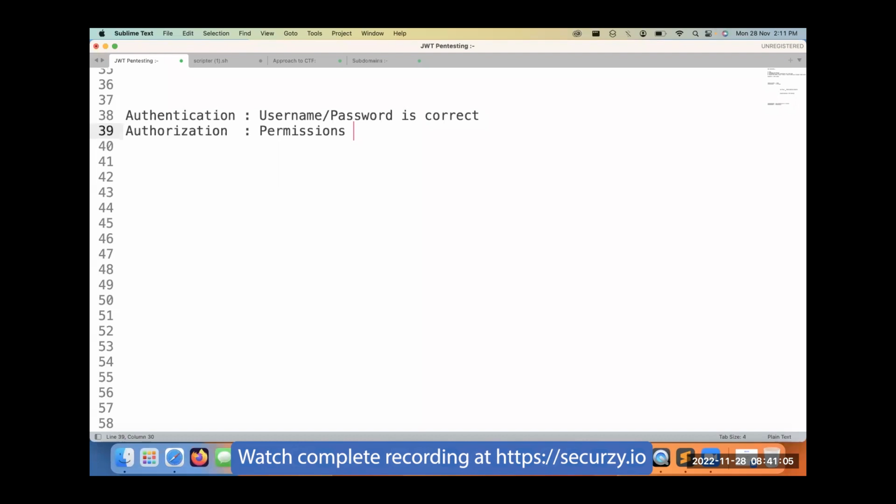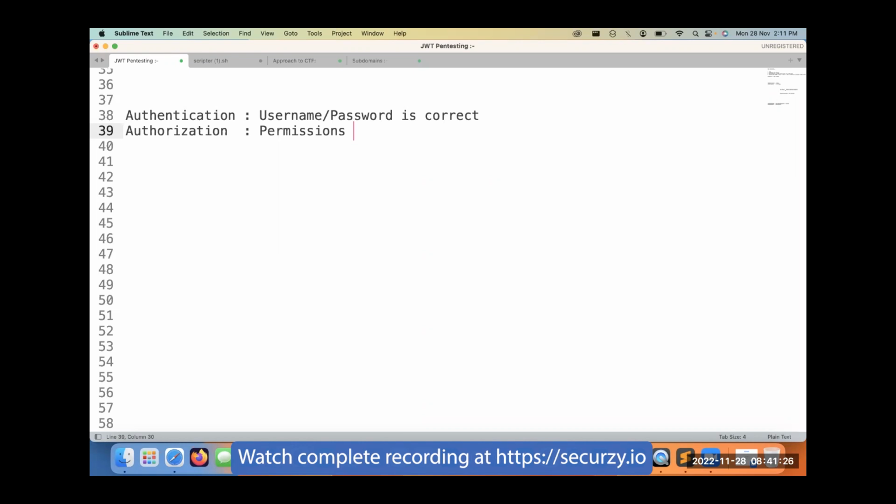As I do not have permissions or privileges to access the locker room, I would not be allowed to go inside. And this is where privilege or permission comes in.